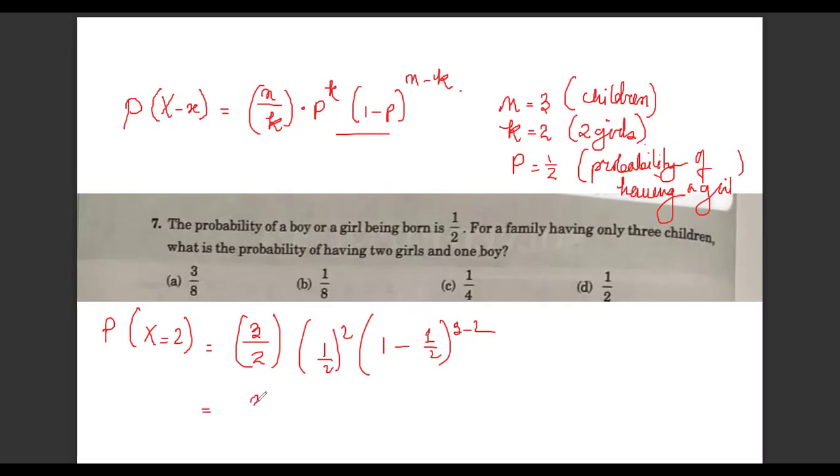The resultant is 3 times 1/4 times 1/2. So the answer would be 3 by 8. Therefore, the probability of having 2 girls and 1 boy in a family with 3 children is 3 by 8, which corresponds to the first option. A is the answer to question number 7.